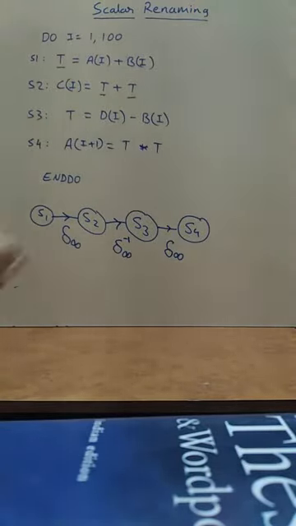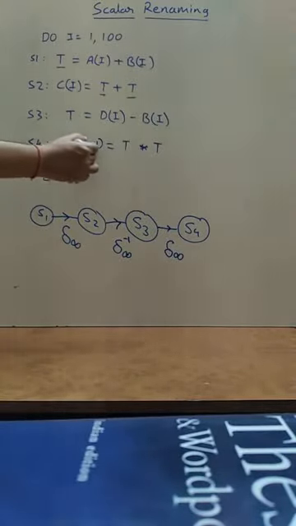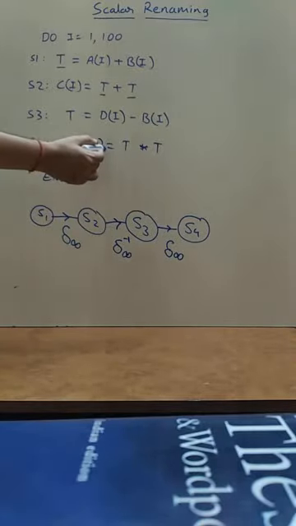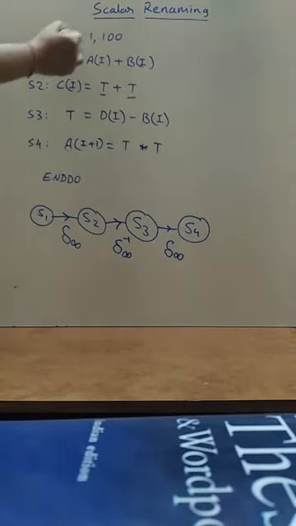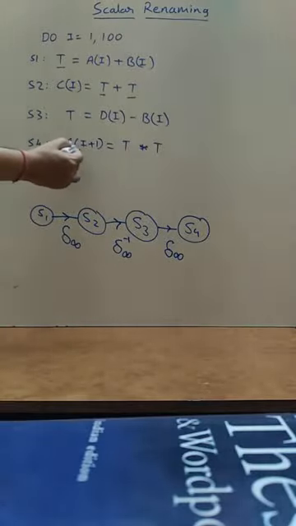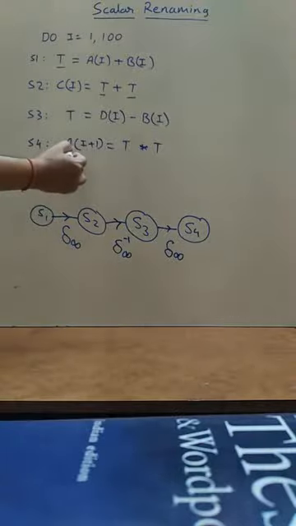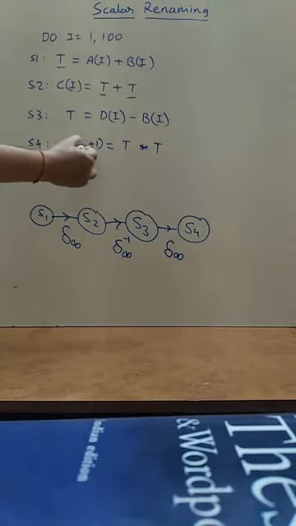Now is there any other dependence in this program? Yes, we have one more dependence, which is due to A. A of I plus 1 is defined in the fourth statement, and A of I is used in the first statement. So what happens in the first iteration? In the first iteration of this loop, the fourth statement defines A of 2, because I is 1 in the first iteration, so it defines A of 1 plus 1, that is A of 2.